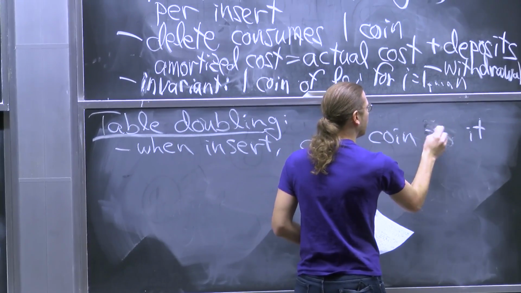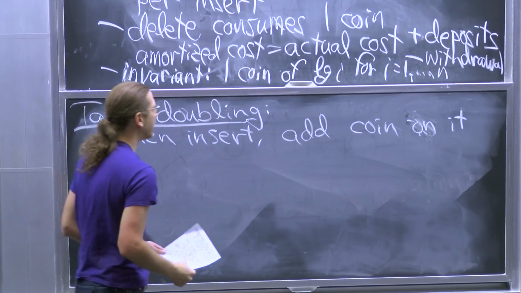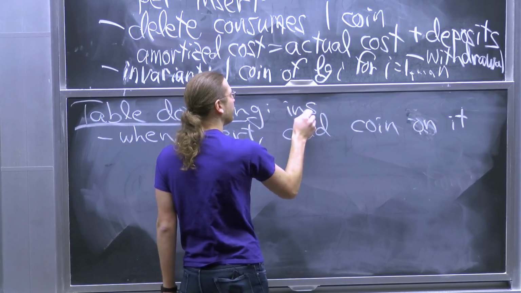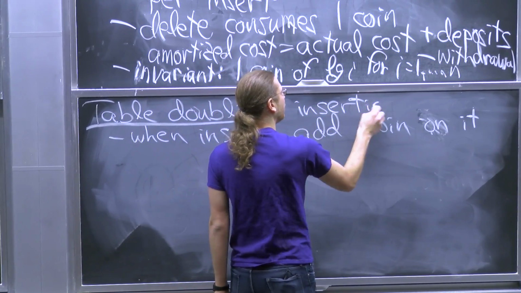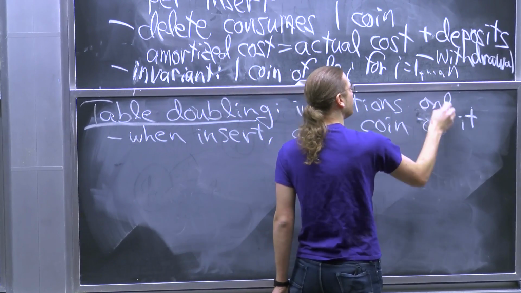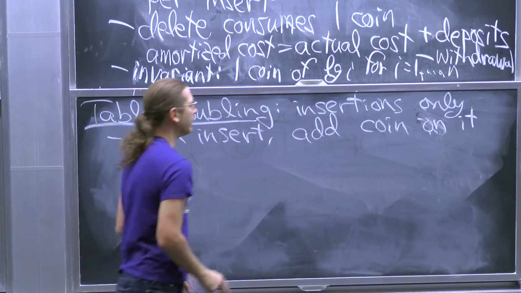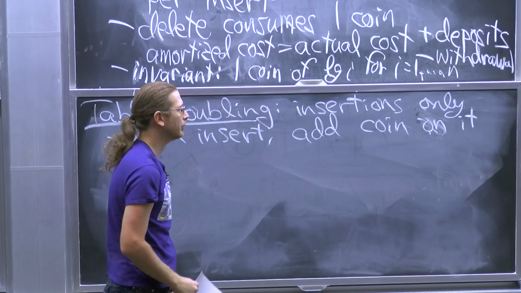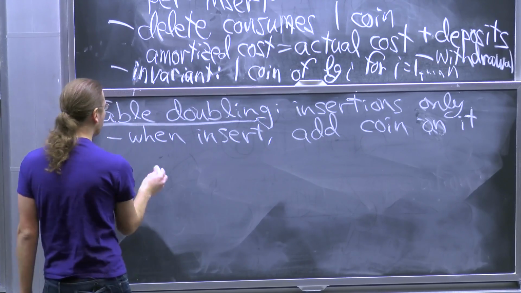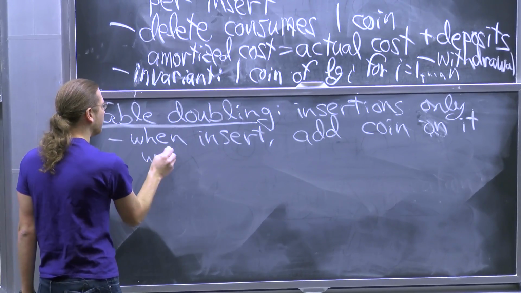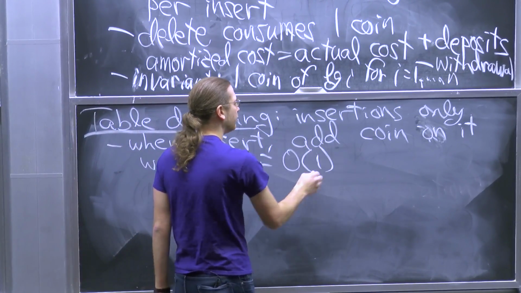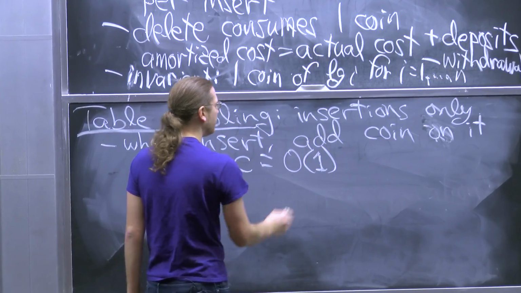Let's say when we insert an item into a table, and here I'm just going to do insertions. We'll worry about deletions in a moment. Whenever I do an insertion, I'm going to put a coin on that item. And the value of the coin is going to be constant. I'm going to give the constant a name, C, so we can be a little more precise in a moment.